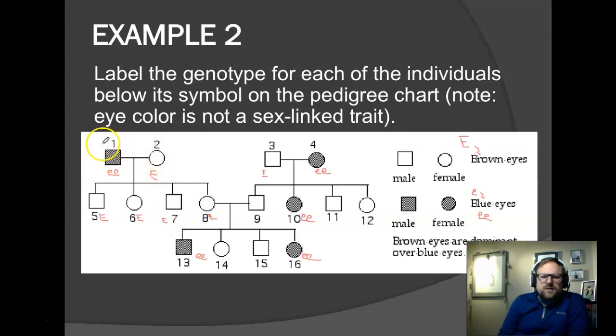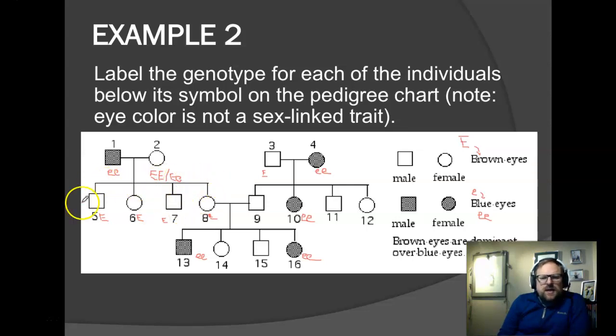And this cross is interesting up here. These parents only had 4 offspring. All of their offspring turned out to have brown eyes. However, we can't be 100% sure that this individual is big E, big E. It could also be big E, little e.